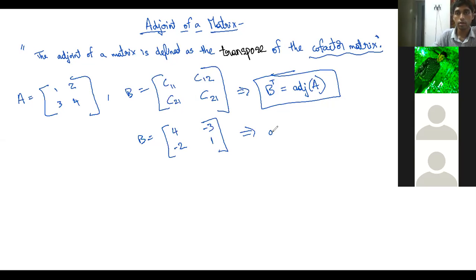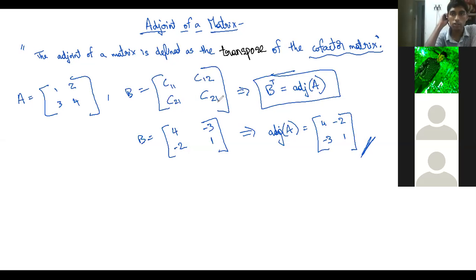Which implies adjoint of A will be equal to, what will the adjoint be? 4, minus 2, minus 3, 1. Is that okay? Everyone understood the definition of adjoint of A?